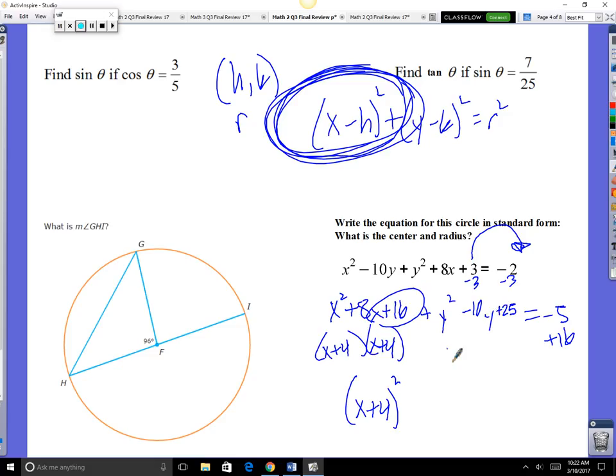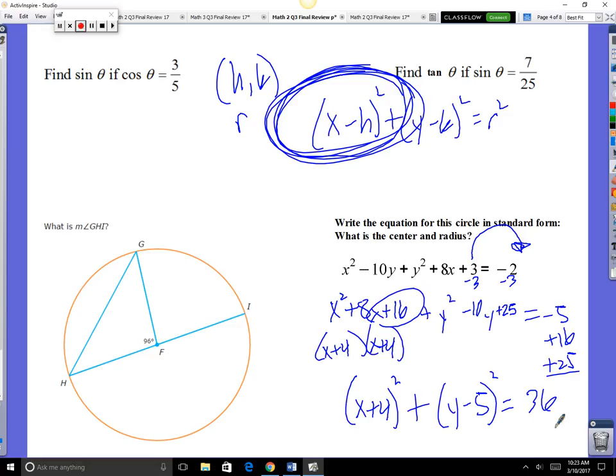And if I choose 25, then it factors to y minus 5 squared. So if I add a 25 on this side, I've got to add a 25 on this side. And if I do 25 minus 5, that's 20 plus 16, that is 36. So now you've got it looking like an equation in standard form.